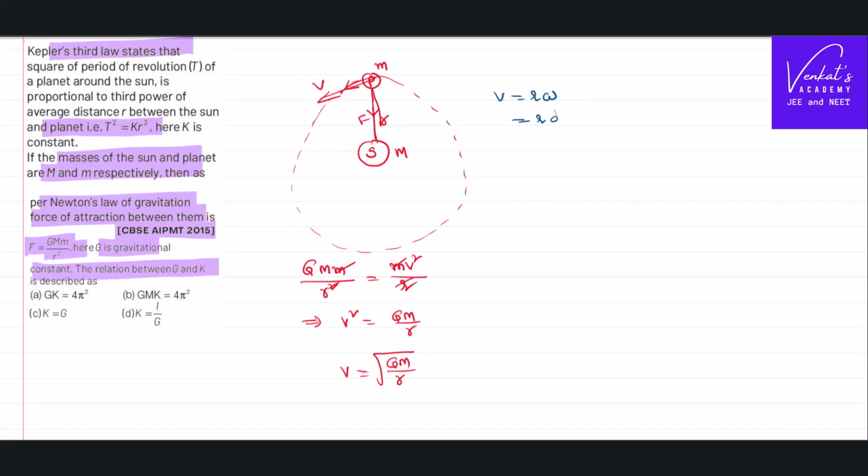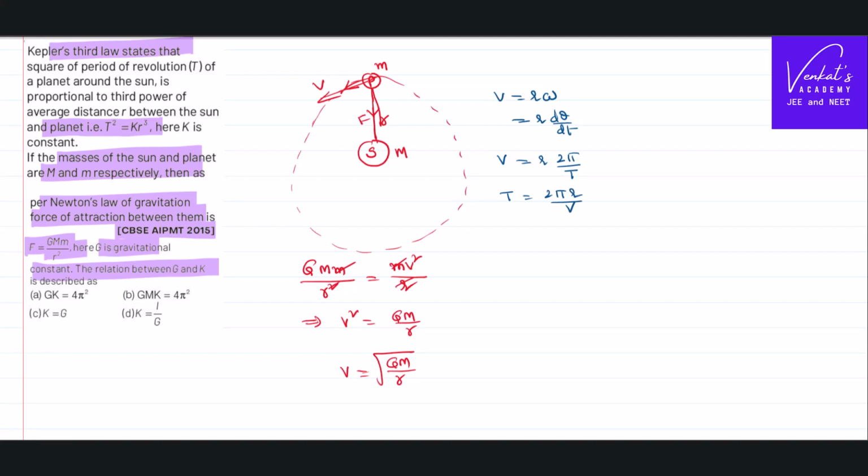Omega is actually d theta by dt. After one revolution, the angle covered is 2 pi. The time taken for covering that revolution is called the time period T. So from this I can write time period equal to 2 pi r by v.